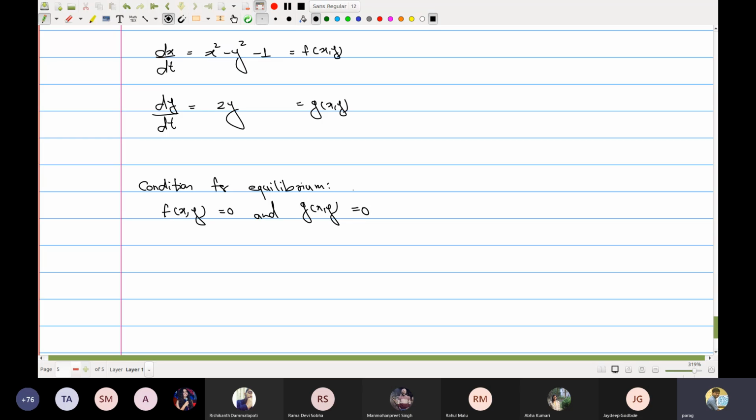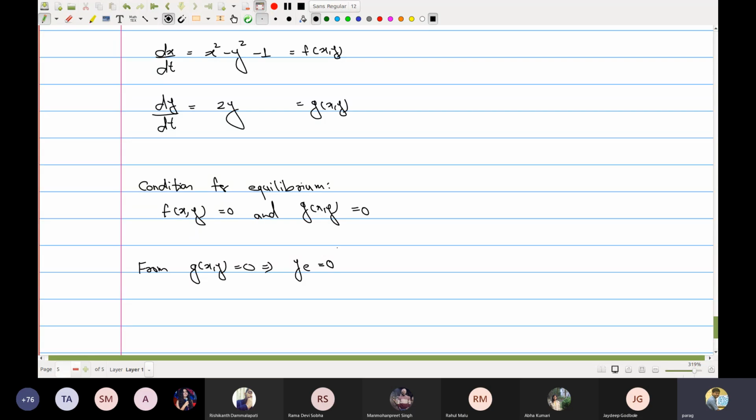So from g of x, y, because it doesn't have x in it, equal to 0, I get y equilibrium as 0.